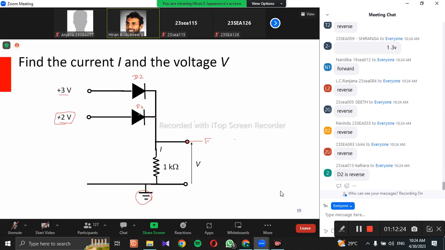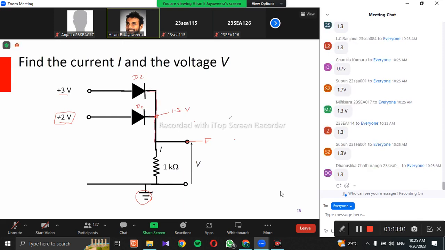There's a possibility for D2 to get forward bias. Do you all agree with me? Let's say D2 diode gets forward bias, then what is the expected voltage at this point? You drop 0.7 from 2, you expect 1.3 volts. So everywhere in this conductor, we expect 1.3.